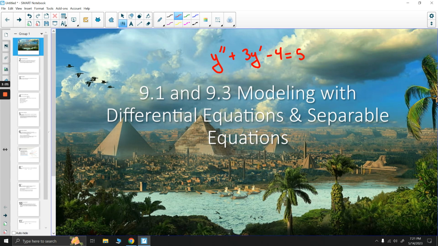You might think, that seems kind of silly because wouldn't it be easier to describe it in terms of x and y? And the answer is, sometimes, sort of. There are times when it's easier to describe it in terms of x and y, but there are many times where it is much easier to describe some kind of situation that's occurring in terms of its rates of change.